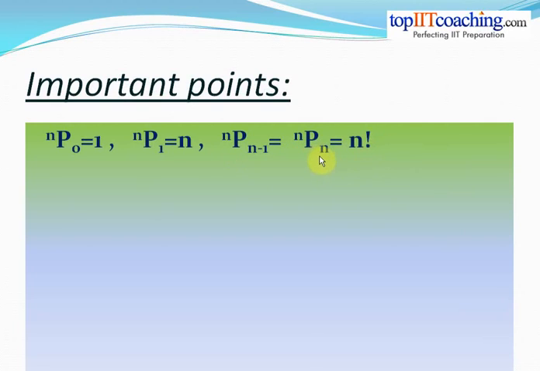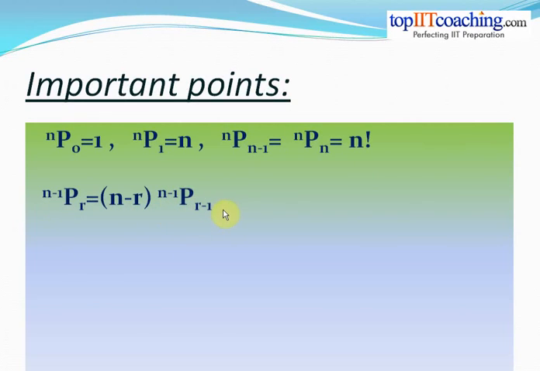Now nPn represents the total number of arrangements of n things from a set of n things. That is, we are taking all the things and arranging them, and this is done in n factorial ways.